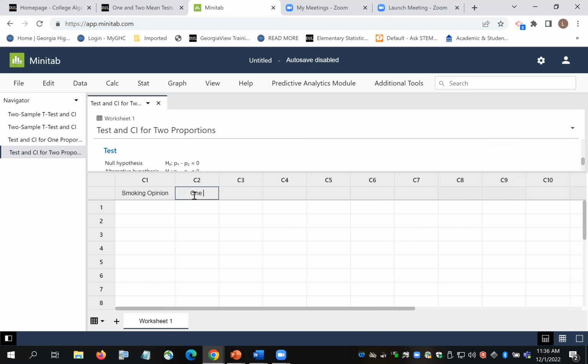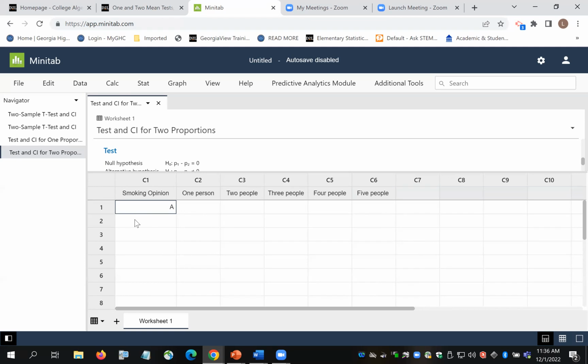So we would have one household where there's one person in the household. We'd have one person, 2 people, 3 people, 4 people, 5 people. Okay, so the first column becomes your words.